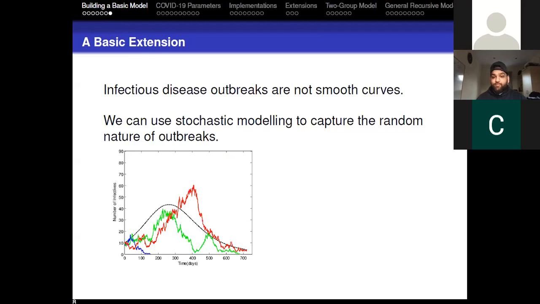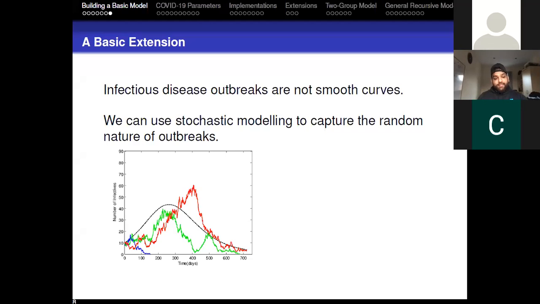And this coin is weighted, so the coin flip will essentially determine whether someone moves from the S to the I category or the I to the R category. It's not just a 50-50 coin, but it's weighted depending on how many people are in each category. For example, if there are lots of people in the susceptible category, our probability of an infection on the next flip will be very high.